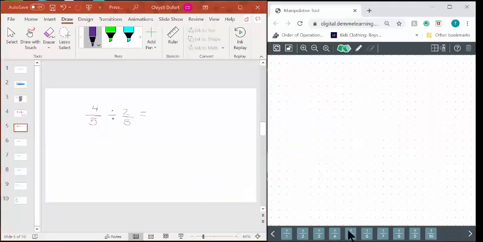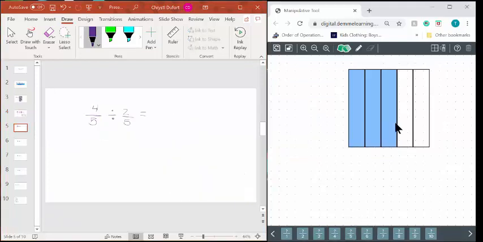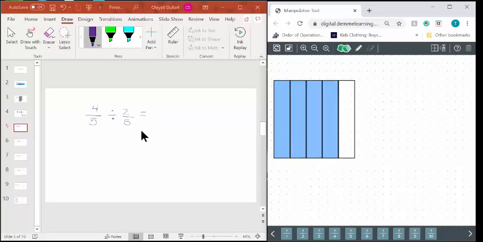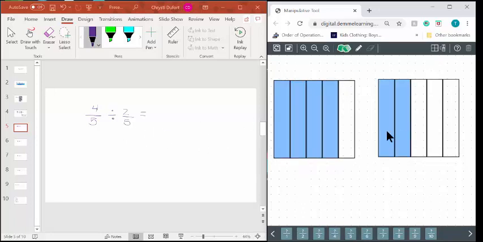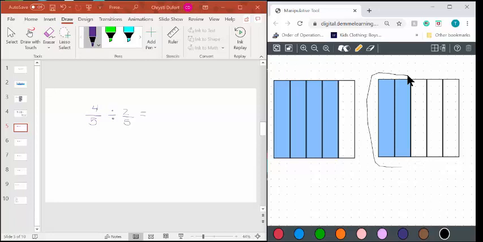We have 4/5, and we want to divide that by 2/5. So how many times will 2/5 fit? Let me see if my marker will work for me here. How many times can we take this out of here? Here's one group of it, right?